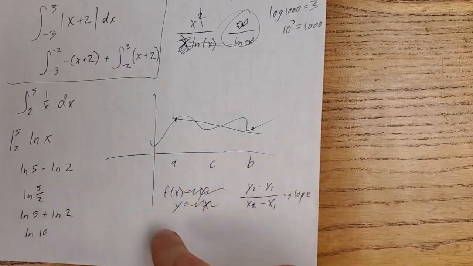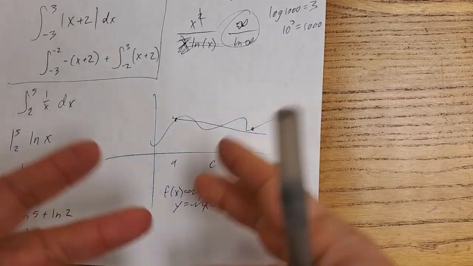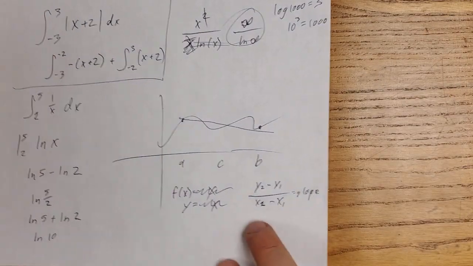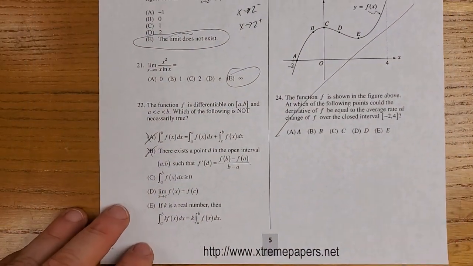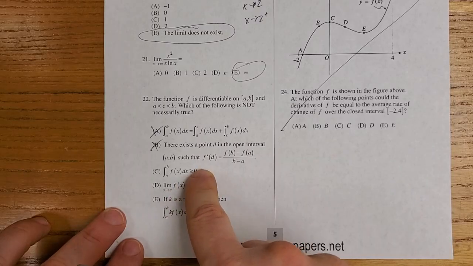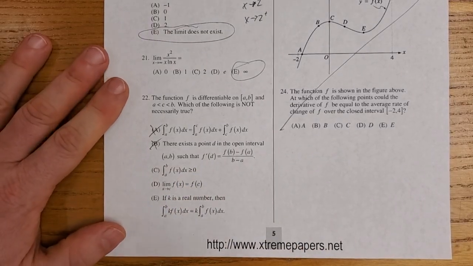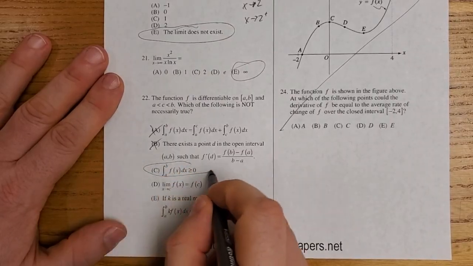We've not been given any kind of information in terms of what it looks like. We just know there's some function and that we care about that function between a and b. So there's no information at all that would allow us to draw any conclusion about whether it's more than 0, less than 0, whatever. So that is actually the answer.